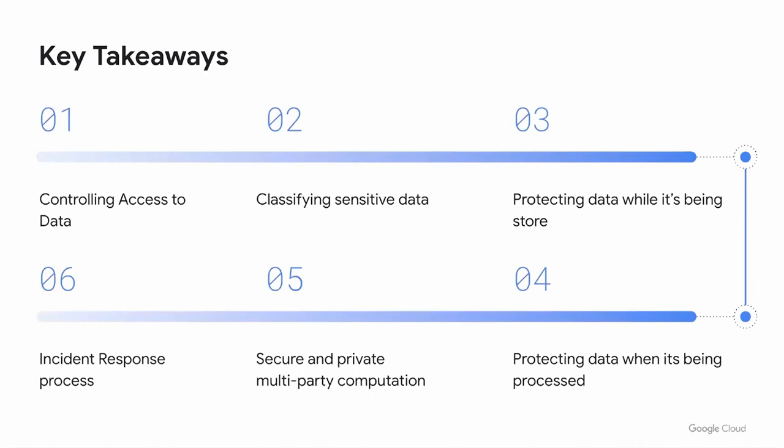And finally, we touched on the incident response process. Most, if not all, of these controls are provided by major cloud platforms for you to take advantage of. And hopefully during this webinar, we helped raise your awareness and allow for safer data processing in the cloud by taking advantage of all of these available controls.